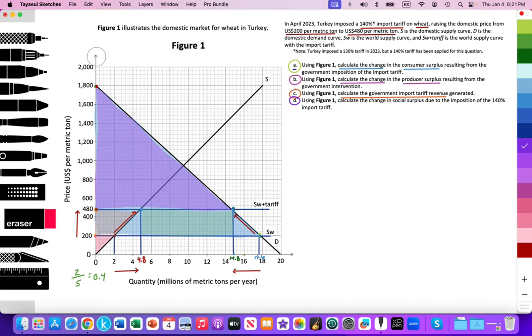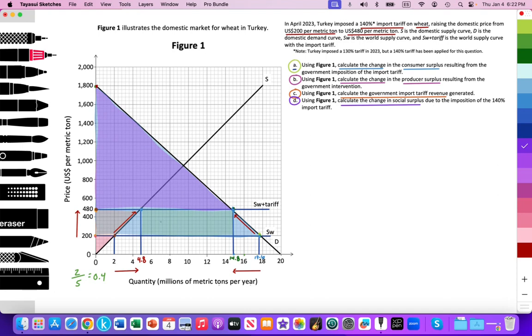In this context of Turkey in 2023, imposing a 140% import tariff on wheat has raised the price from 200 to 480. It's increased domestic production, reduced domestic consumption, and created government tariff revenue. The question says: calculate the change in social surplus due to the imposition of the import tariff.